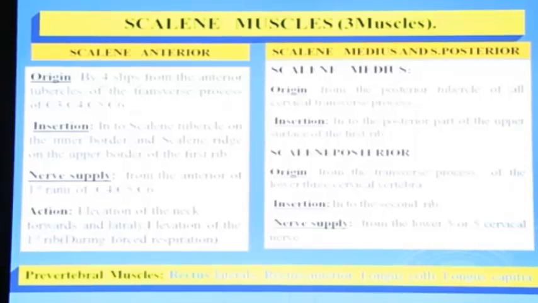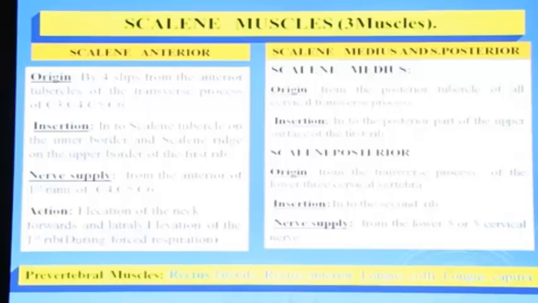It is inserted into the scalene tubercle on the inner border of the scalene ridge on the upper border of the first rib. Nerve supply is from the anterior rami of C4, C5, and C6. Action: flexion of the neck forwards and laterally, and elevation of the first rib.